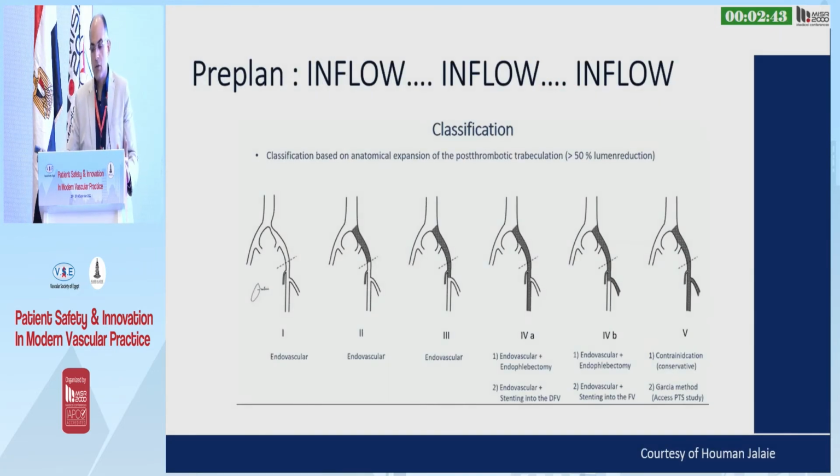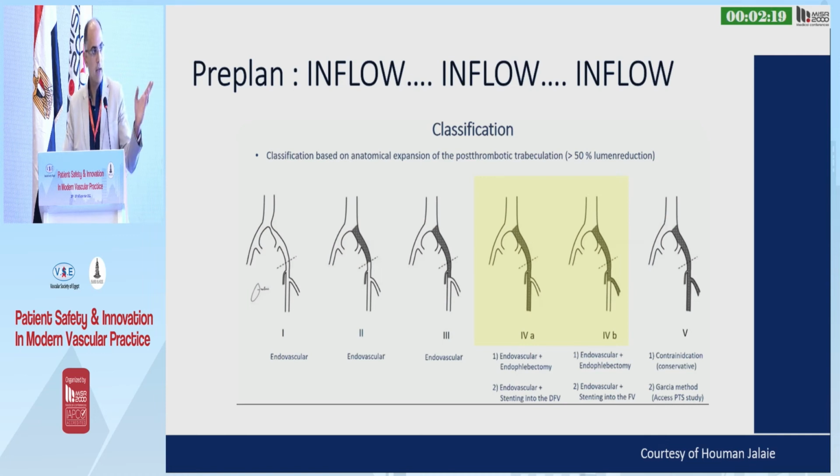As Professor illustrated brilliantly, the most practical way of assessing the inflow is the Hamburg classification. This is very important. Inflow is very, very important and very crucial for success. So in the first three types, as Dr. Omar illustrated, you get very good results.